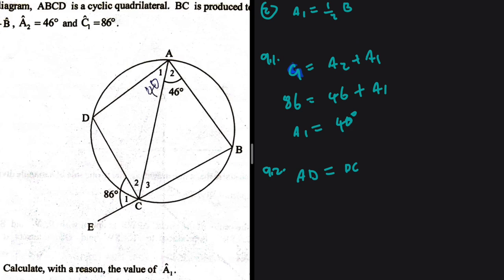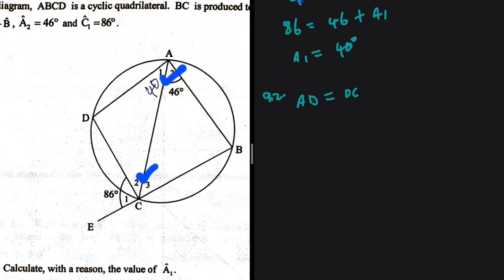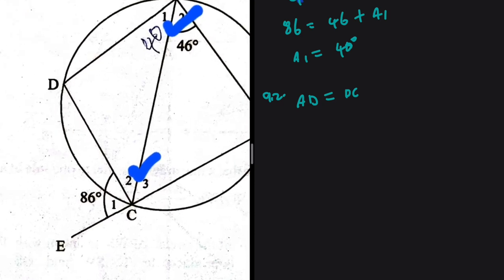So C2. Well, we know that if we add A1 plus A2 and C2 plus C3, we should get 180 degrees because they're opposite angles of a cyclic quad. But I can see that C1 is 86.